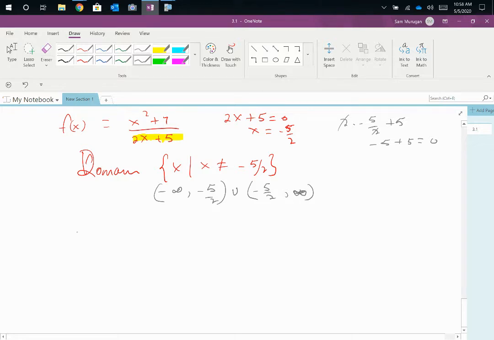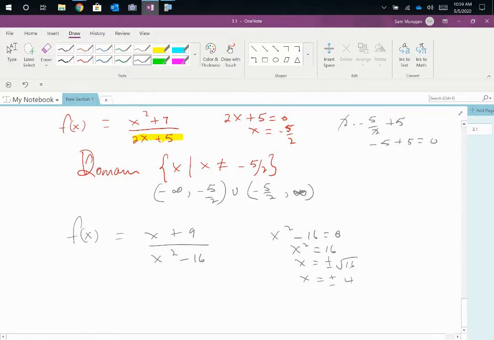More examples. Notice this has nothing to do with the numerator, okay? x plus 9 over x squared minus 16. What happens there is if we set x squared minus 16 equal to 0, we get x squared is equal to 16, so x is equal to plus or minus the square root of 16, which is plus or minus 4. This has two numbers.